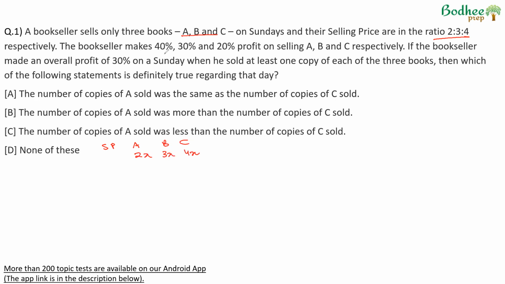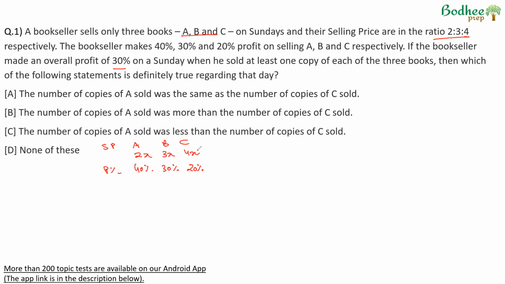The bookseller makes 40, 30, and 20% profits. So profit percentages are 40, 30, and 20 respectively. If the bookseller made an overall profit of 30% on a Sunday when he sold at least one copy of each of the 3 books, which of the following is definitely true?